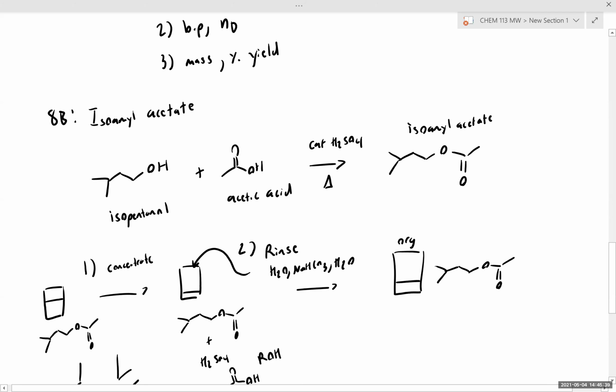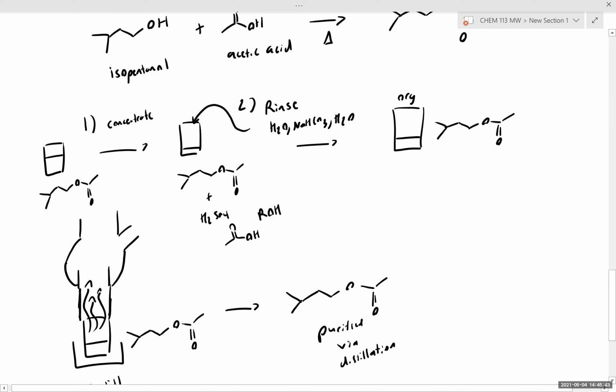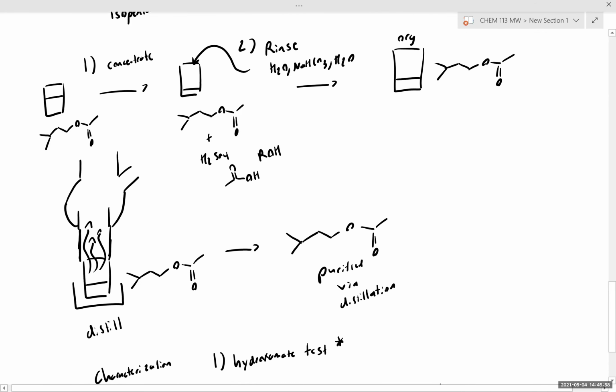After we prepare isoamyl acetate, we're going to isolate and purify it, first via concentration, then rinsing the mixture with water, bicarbonate, and water. And finally, once we have our organic layer, we're going to distill the isoamyl acetate product via simple distillation.